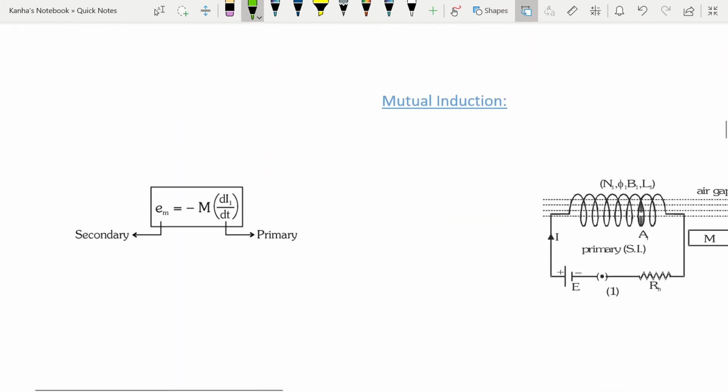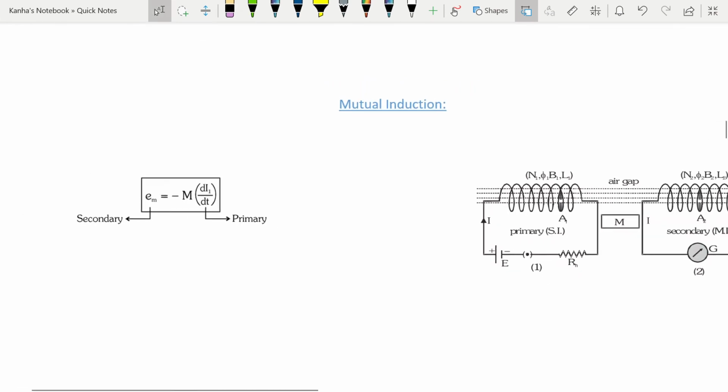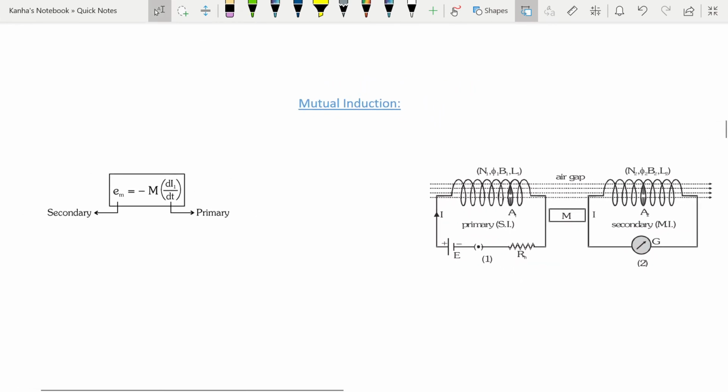Now let's talk about what mutual induction is. Whenever the current passing through the primary coil or circuit changes, the magnetic flux through the neighboring coils also changes. If this is the primary coil and this is the secondary coil, and the current through the primary changes, that will induce an EMF in the second coil.